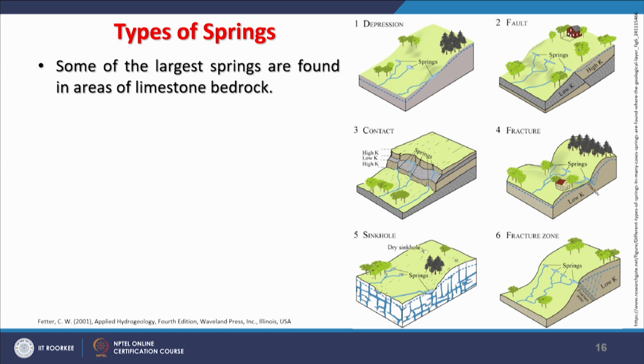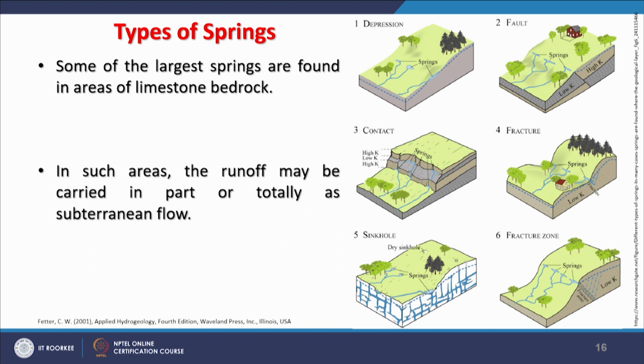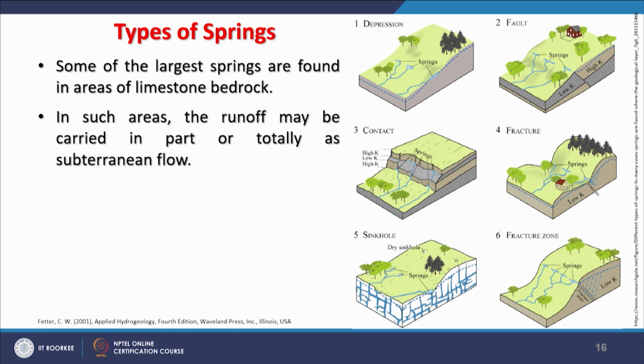Now, another type is about sinkholes, which is basically in limestone terrain, where the bedrocks are limestone. Limestone terrain generally has a lot of springs even in Himalaya, and very famous sites in Himalaya are like Sahasradhara or Kempty Fall.